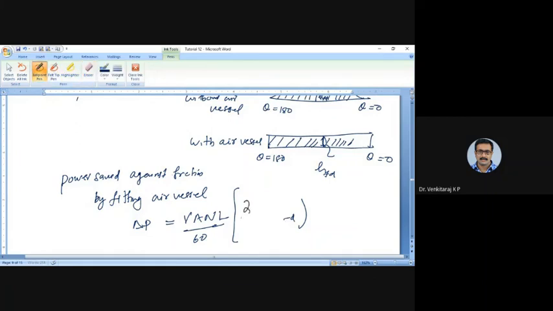This minus, when the air vessel is fitted, the variation is not parabolic, so the frictional head loss is constant, so it is this minus H_FD with air vessel.